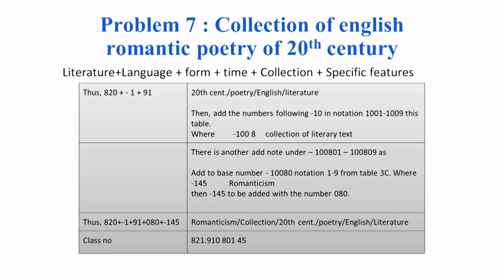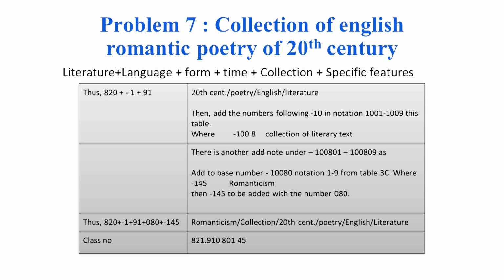So again we will add this number as 820 plus dash 1 meaning poetry. With this poetry number, 91 is to be added. So the concept will be 20th century, poetry, English literature.